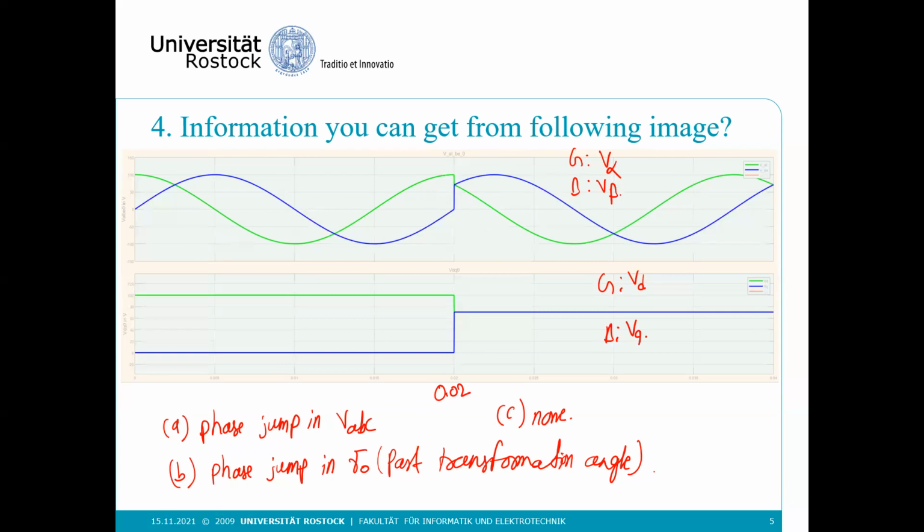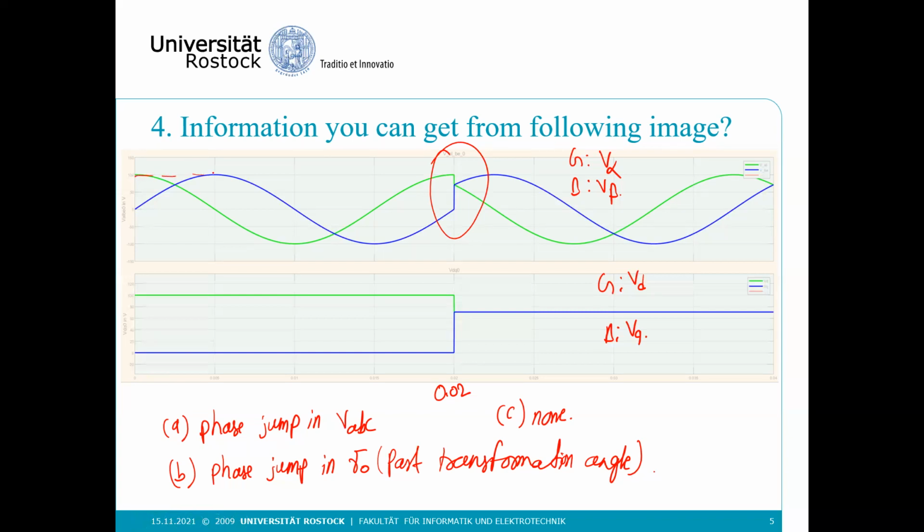So if you have a jump, you can clearly see here the phase has jumped, right? I have not given an option where I told there is a both jump. So it's either a jump in ABC or a jump in the Park transformation angle. And you can see here clearly something has happened to the ABC voltage. And you can see the magnitude remains the same.